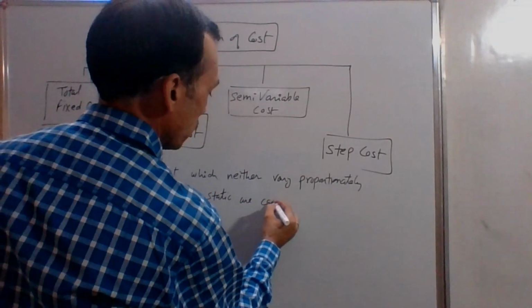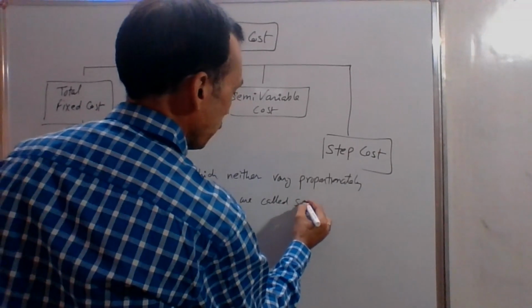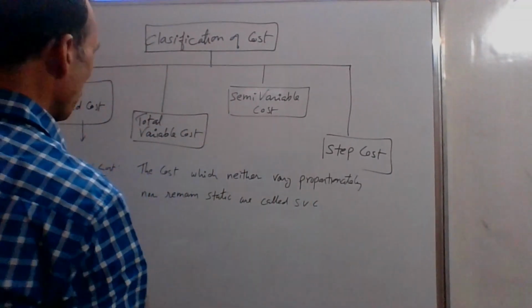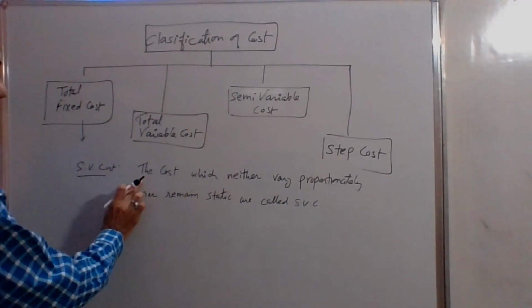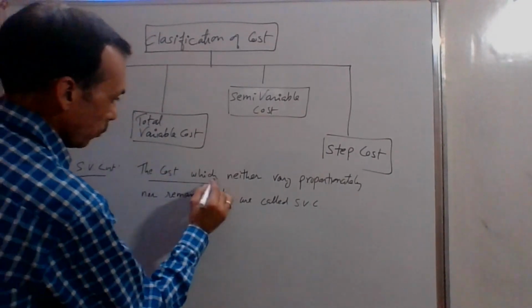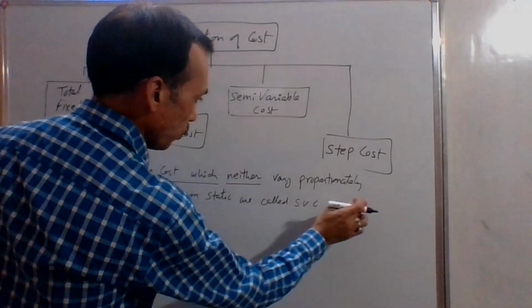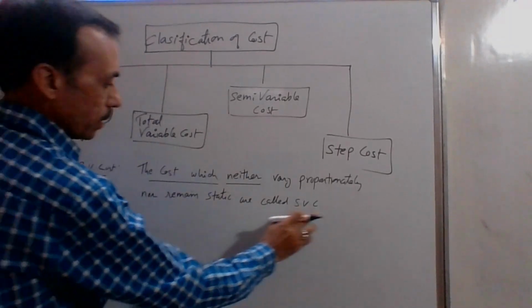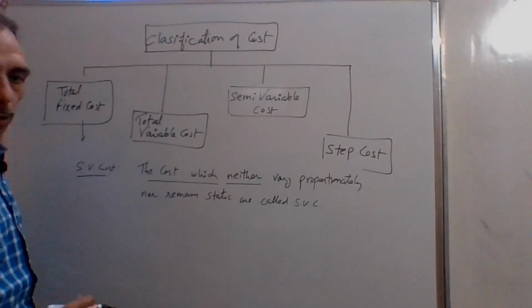They are called semi-variable costs. Semi-variable costs are the costs which neither vary proportionately nor remain static.